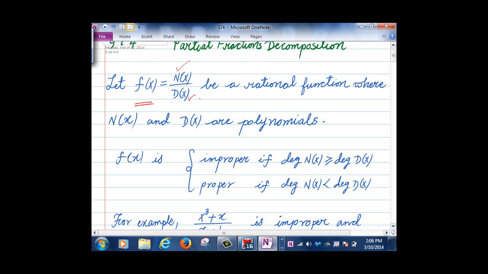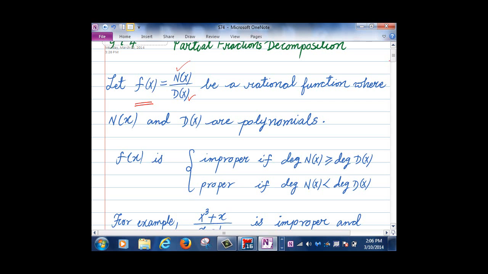Both of them are polynomials, okay? Let's go back to our childhood and where you learn what is a proper fraction, what is an improper fraction, right? The number 3/2, is that a proper or improper fraction? Improper fraction. And proper would be 2/3.